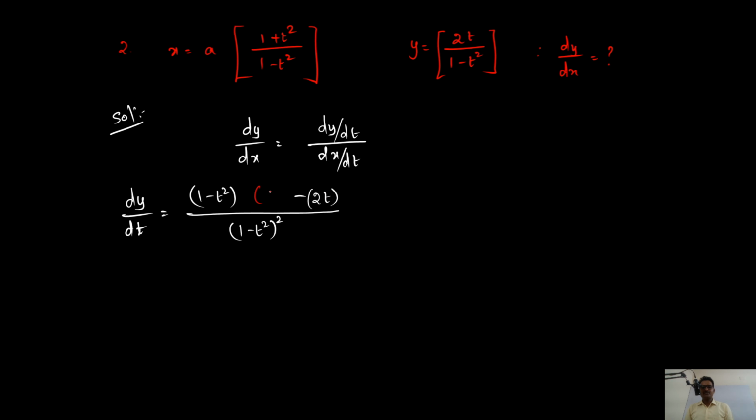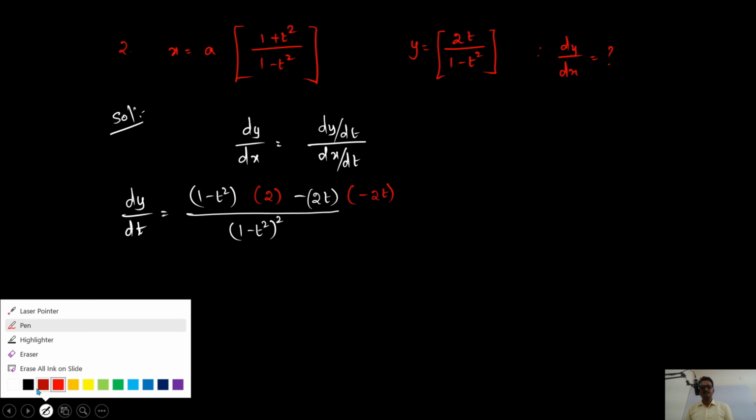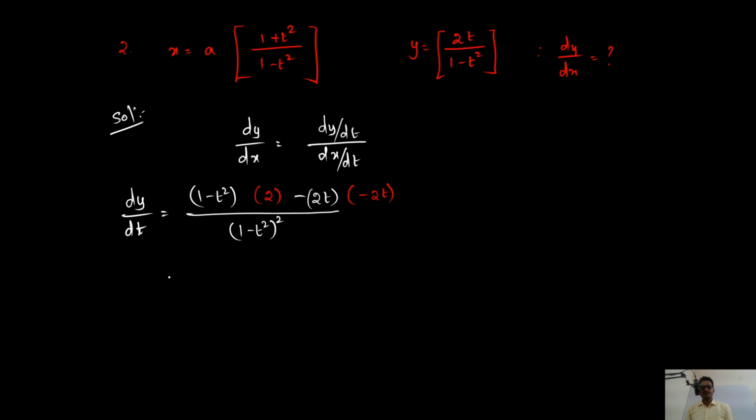2t differentiation is 2 and 1 minus t square differentiation is minus 2t. Which is equal to denominator 1 minus t square the whole square, and numerator, if you multiply that, 2 minus 2t square plus 4t square.